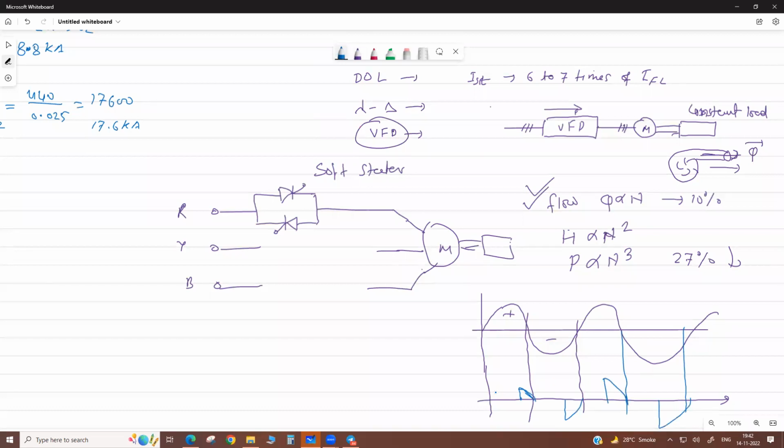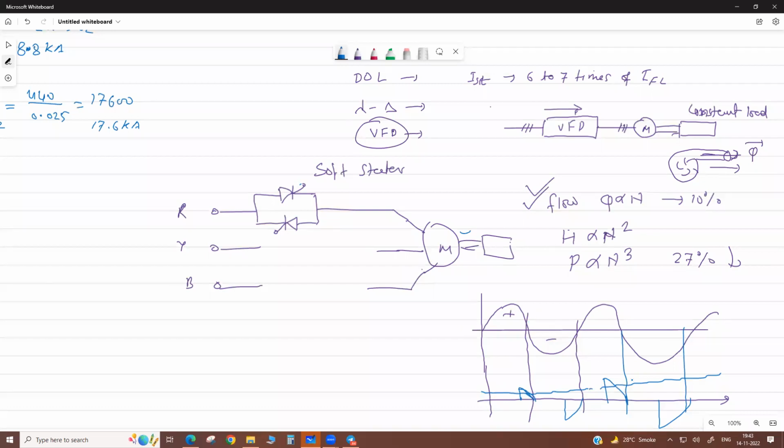So actually the effective voltage to the motor is like this. We get a gradual rise to rated voltage. Then after the motor gets started and accelerated, we reduce the firing angle, so the motor gets the rated input voltage, full voltage.